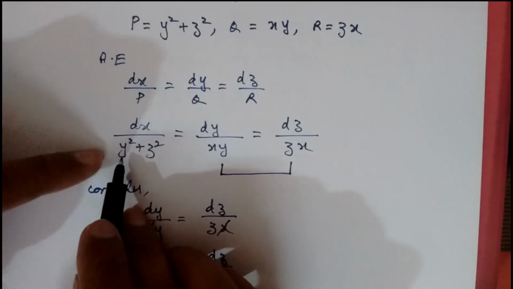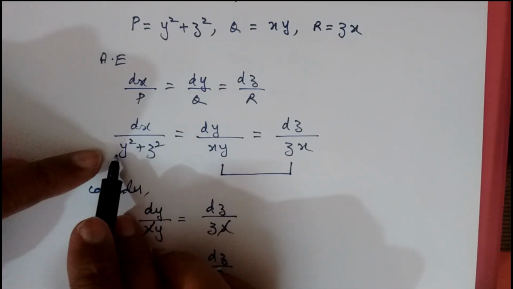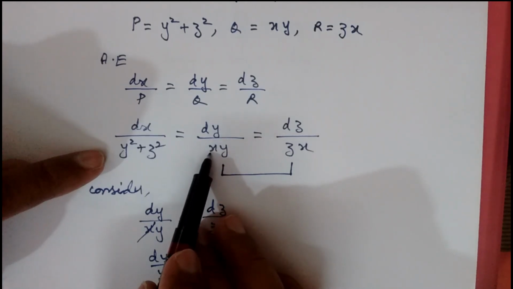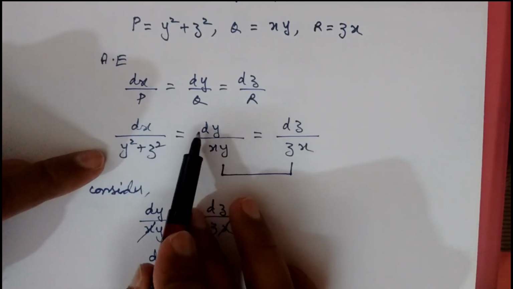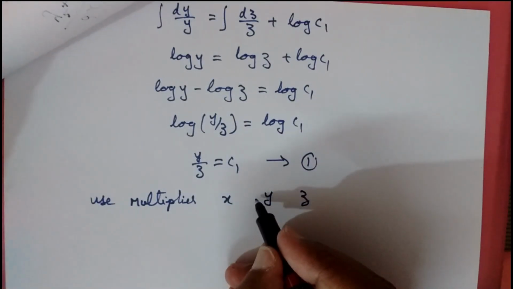Here y square is there. Suppose we multiply by x in this case, and by y in this case, so xy square, both are positive. One should be positive, one should be negative. So this value should be negative if you want to cancel it out. So you can take the multiplier for y to be minus y.